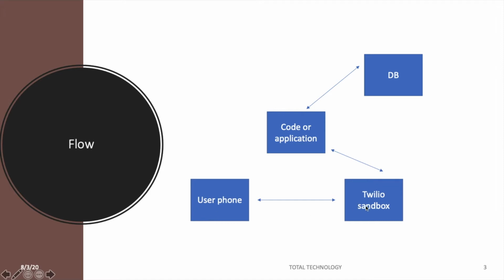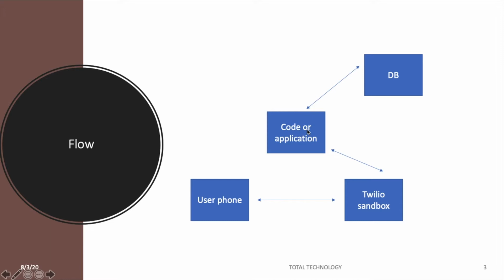The user phone will send a text message to the Twilio sandbox number, and when the sandbox number gets the message, from the Twilio console I have already configured an incoming message callback URL. Callback URL means the URL of the machine, or the public IP address, or publicly accessible hostname of my machine where this code runs.